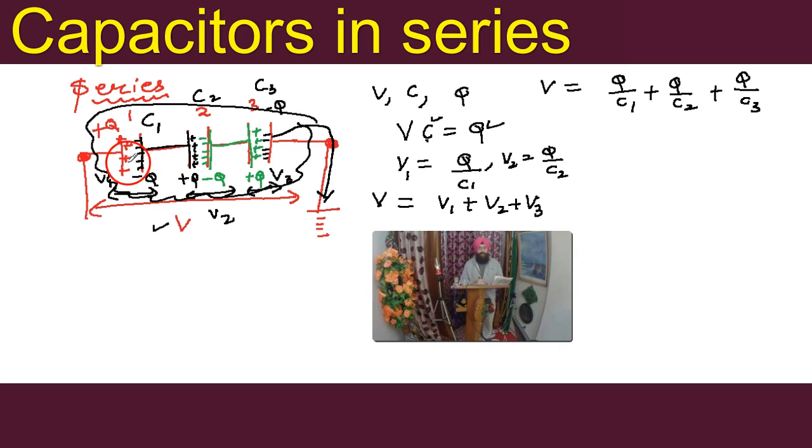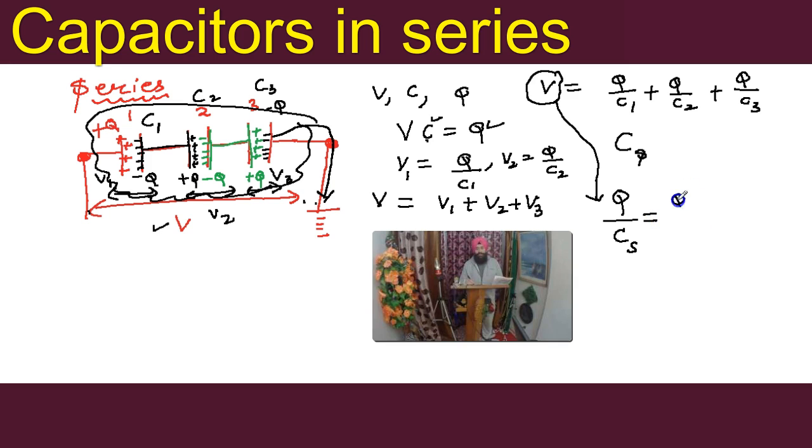Now we can think of the equivalent capacitance of the three capacitors. Let us call it CS, meaning C series. Because the charge is the same, the potential across the two points is Q by the equivalent capacity of the whole system, which is CS.